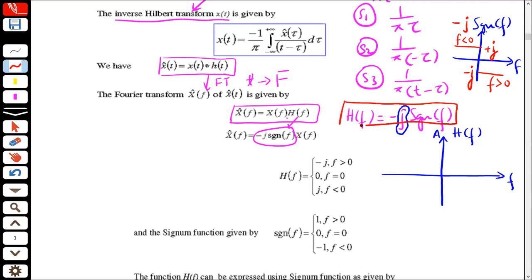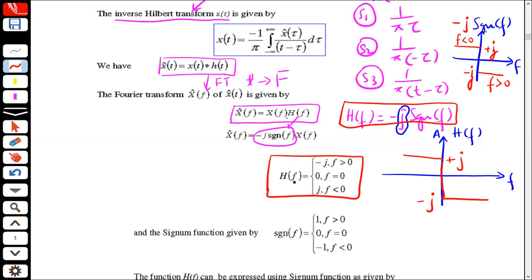Negative j signum of f. So I'll have positive j for negative frequency and negative j for positive frequencies. Whatever we have written graphically, we are now representing in terms of an equation.